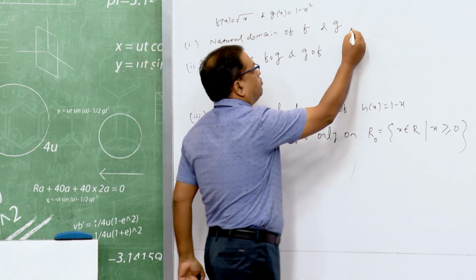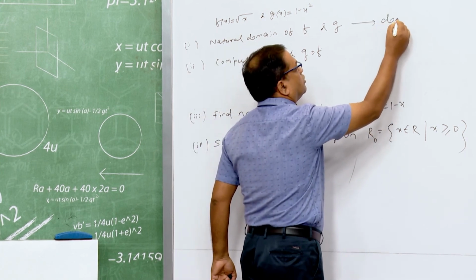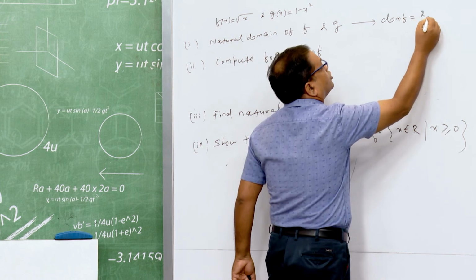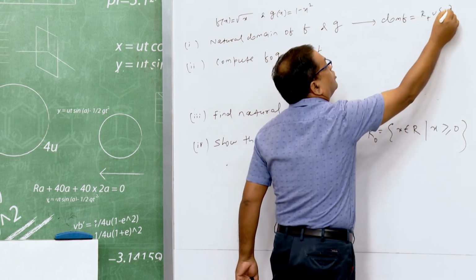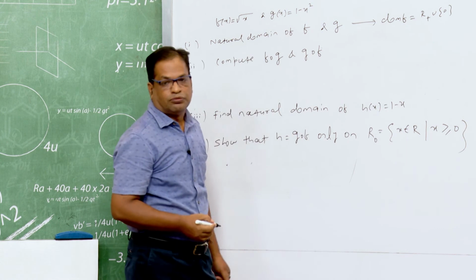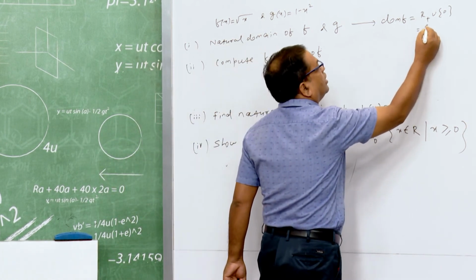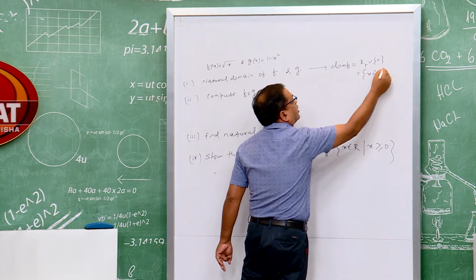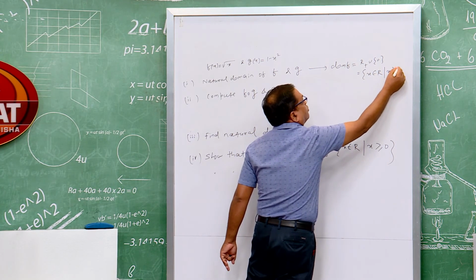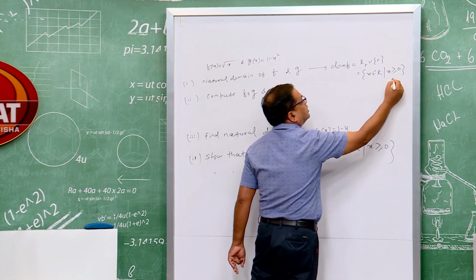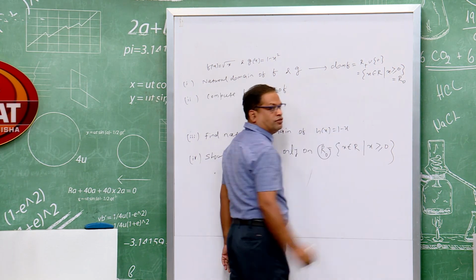So, domain of f is R plus union 0. R plus means set of positive real numbers, union 0. That you can also write as x belongs to R, x greater than or equal to 0. The notation in the question is R 0.